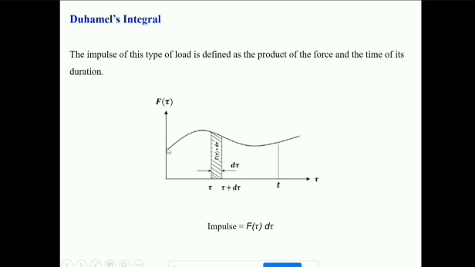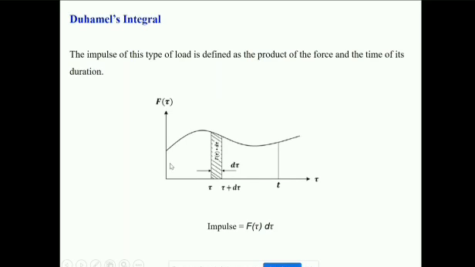That means up to an infinitesimal value d tau, we take a strip, and we may call that an impulsive load acting on the system. Then there is a next strip, which is also another load acting on the system.